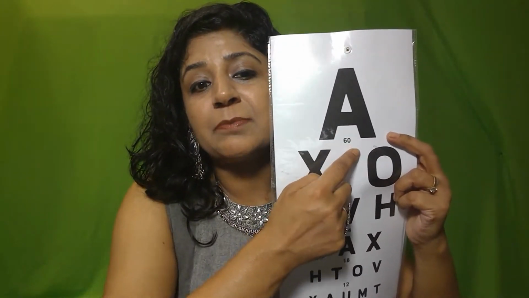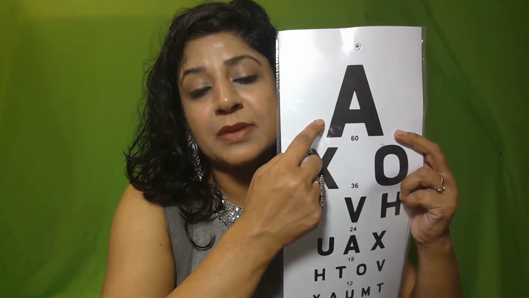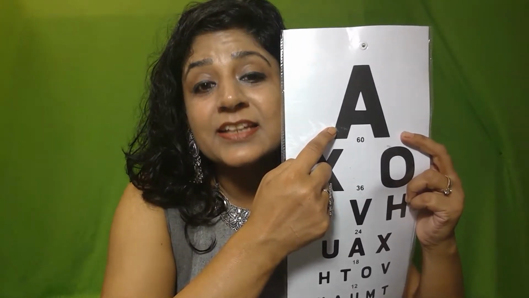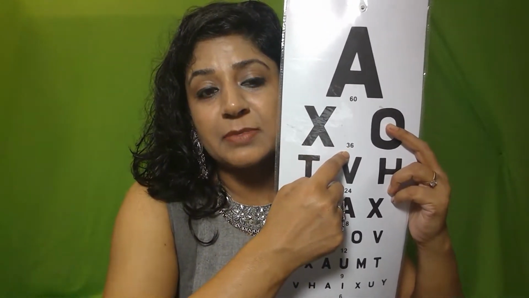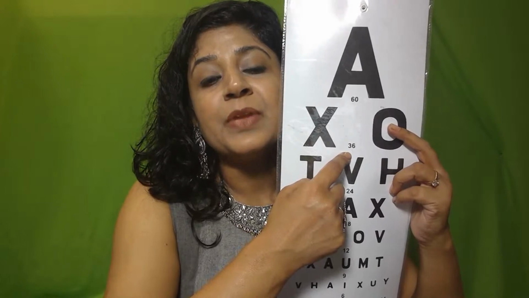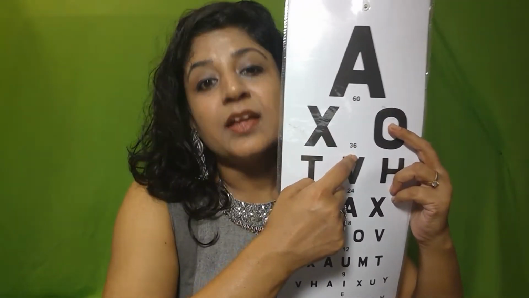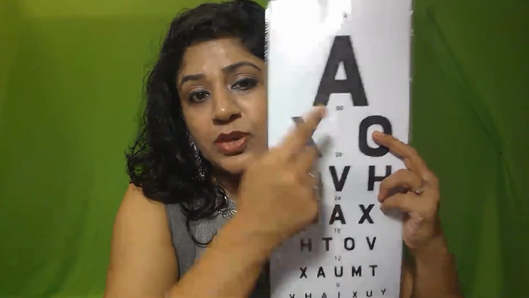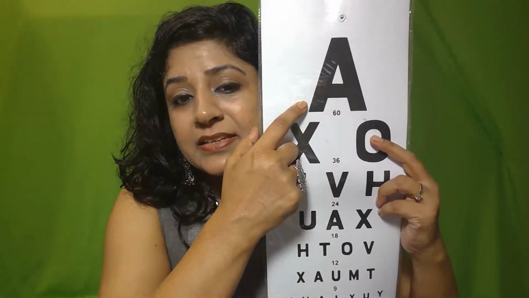So 60 by 6 is 10. Similarly, what a normal person can read from 36 meters, this person is reading from 6 meters. So from how much distance is this patient seeing? 36 upon 6, 1 by 6th distance. Here visual acuity will be 1 by 10th.